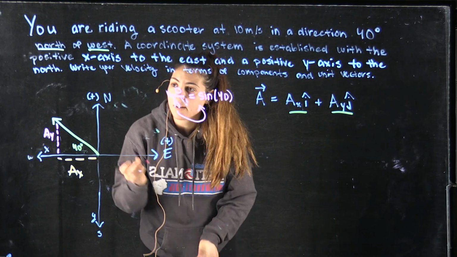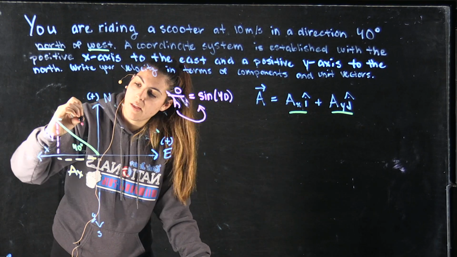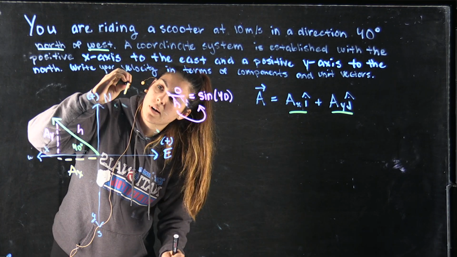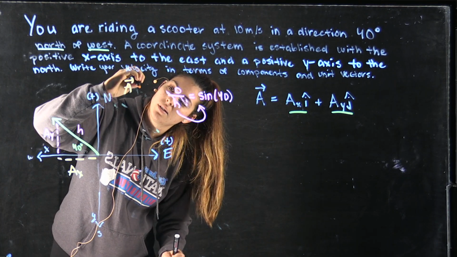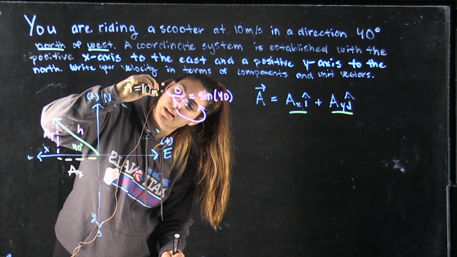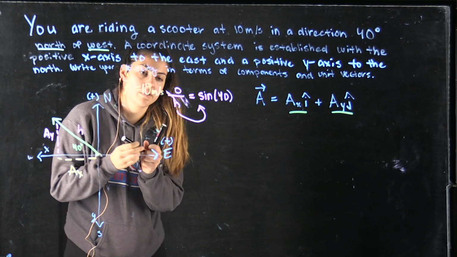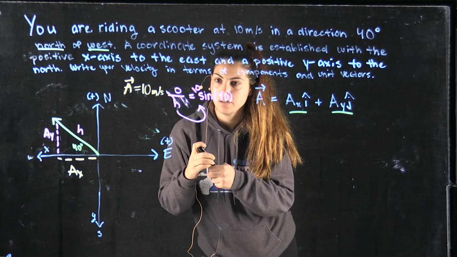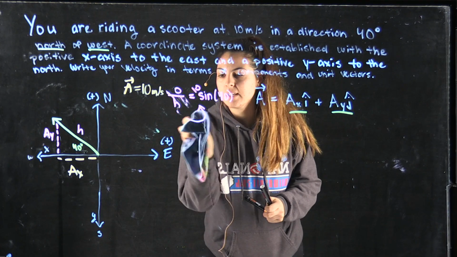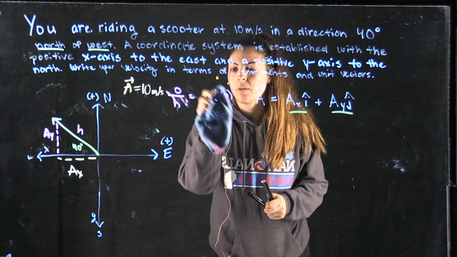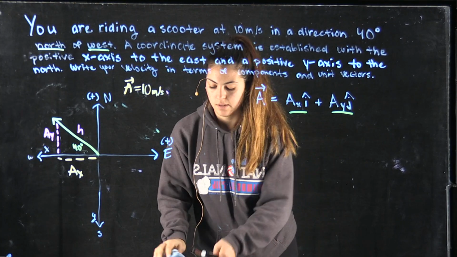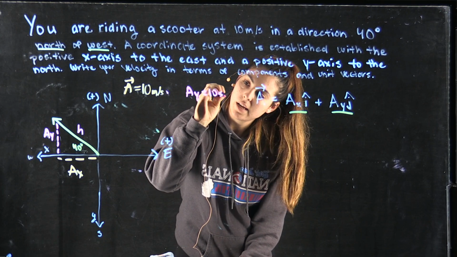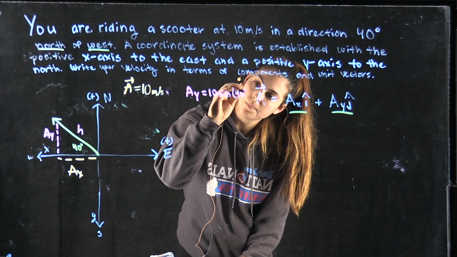Our H is right here, also known as our A vector, which is 10 meters per second. That's why we put 10 in front. To rewrite that more clearly: A of y equals 10 sine of 40.